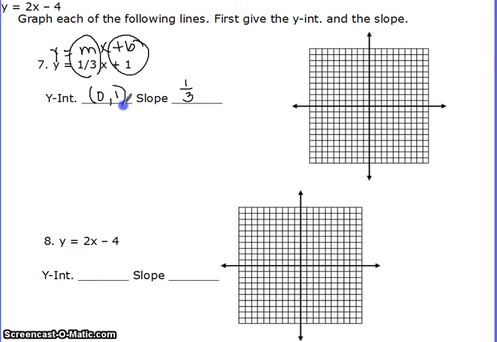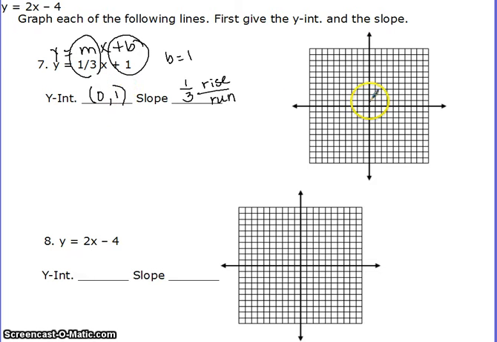My b is 1, so my y-intercept is 0, 1. So, just like yesterday, whenever we're graphing, we always start with a point, and then we use our slope, which is our rise over the run, to get 2 more points to graph that line, because we know that the slope is the pattern of the line.